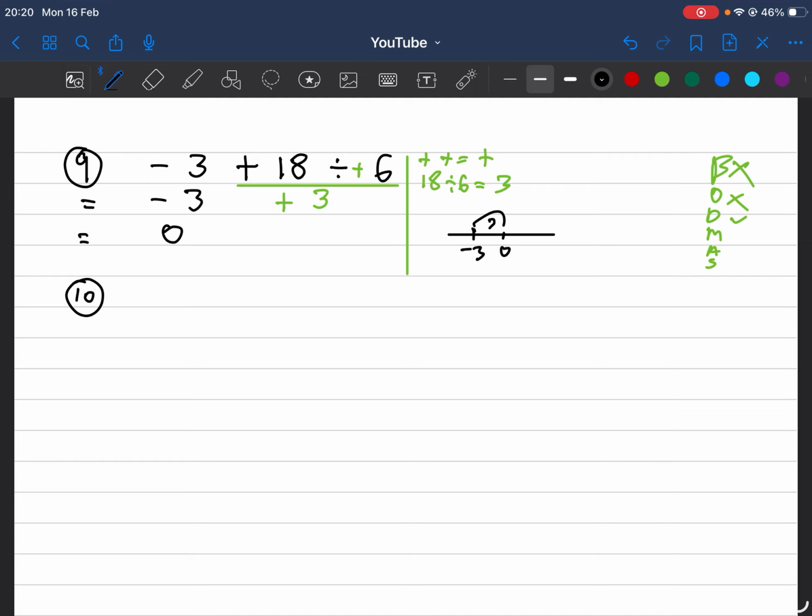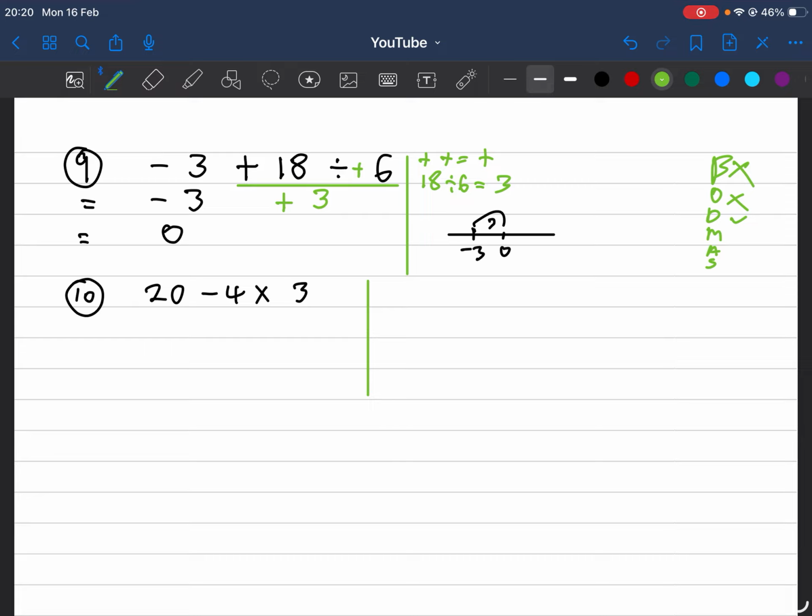Okay, so again, structure, working out on the side, keep this up and you'll be good to go. Let's go again. 20 minus 4 times 3. Alright, working out. Let's begin. We notice that we have different things going on. BODMAS: brackets, nothing, okay, it's fine.